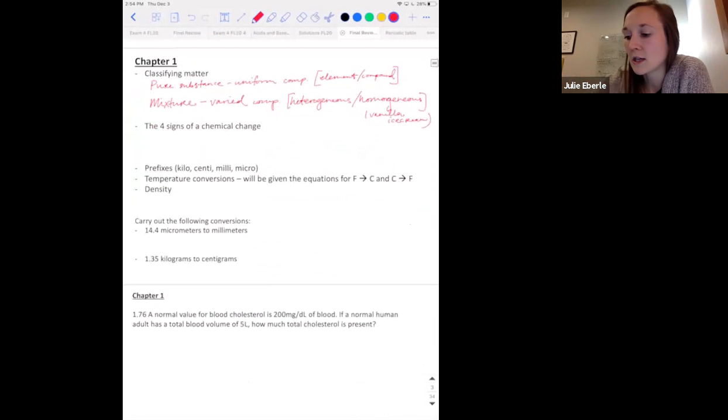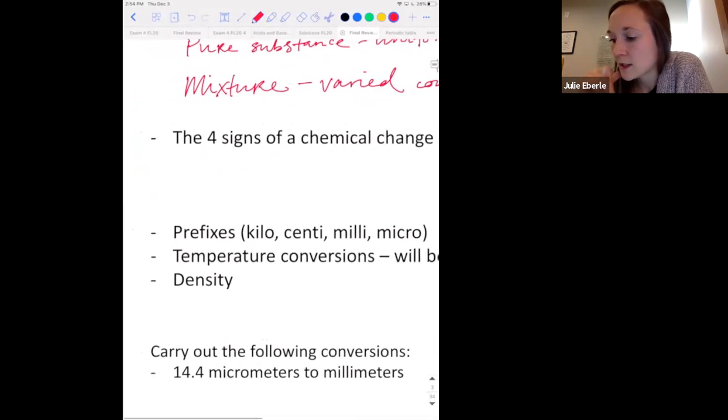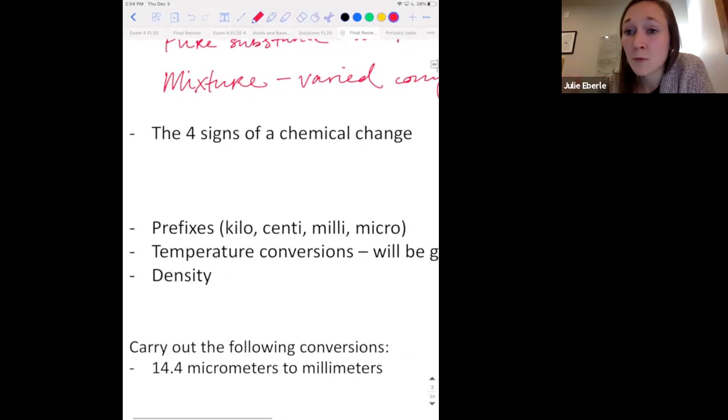The 4 signs of a chemical change. We're just going to write those out. We looked at the difference between chemical and physical changes. Remember, physical changes were changes between solids, liquids, and gases. That's physical changes: melting, freezing, evaporating.